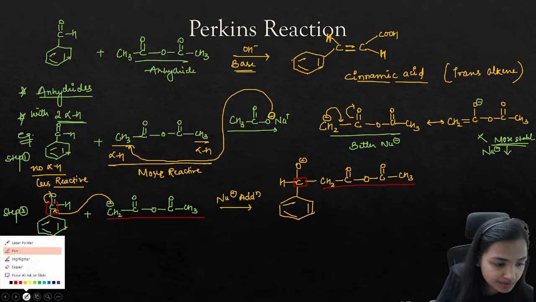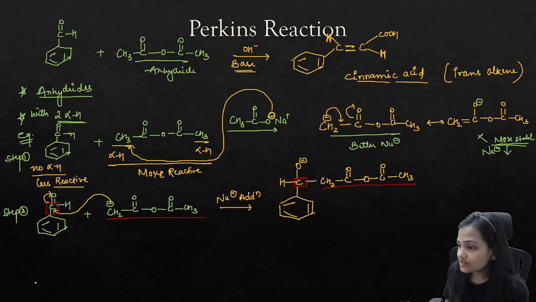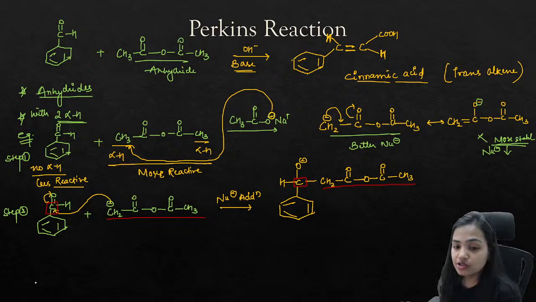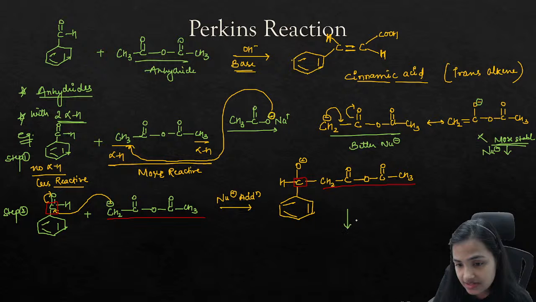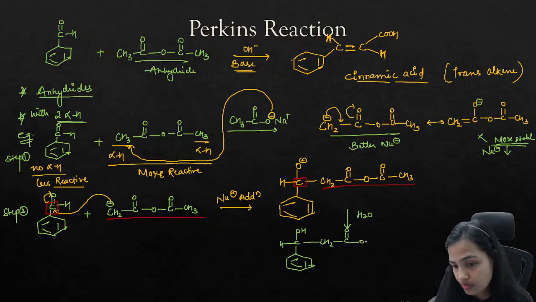Now if you see the product, you will find that this has O negative. In the next step it will react with water and form alcohol. Very simple step. The electrophile H will attack this O. This is again CH2, this is CO, O, CO, CH3.